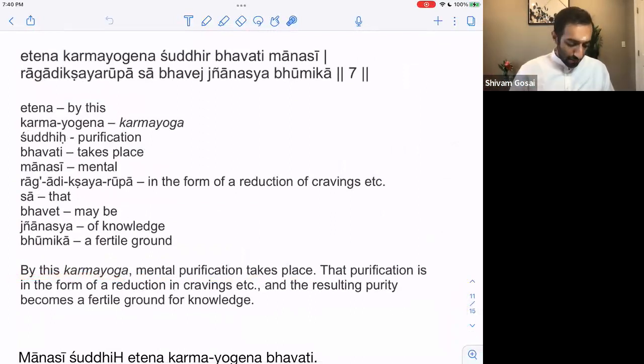Mental purification takes place. That purification is in the form of reduction of raga, dvesha, cravings, etc. And the resulting purity becomes a fertile ground for knowledge. Okay, is the translation clear?